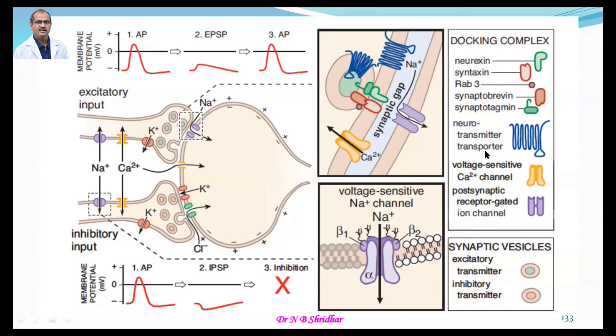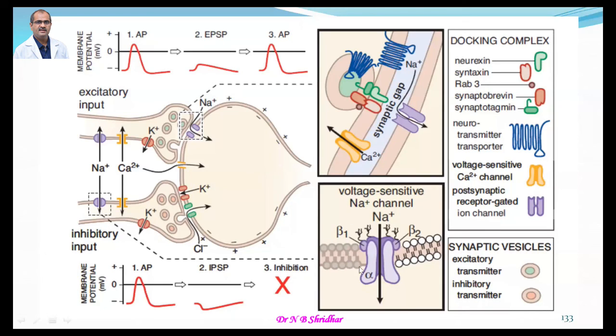So this is a neurotransmitter receptor, and usually this is a calcium channel. Whenever the inward movement of sodium is there, along with that the calcium channels are also going to open, and this is a voltage sensitive sodium channel.